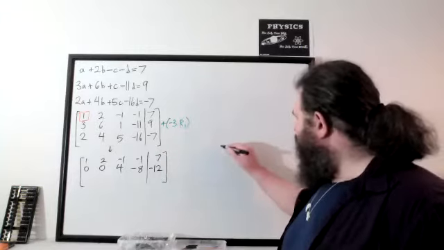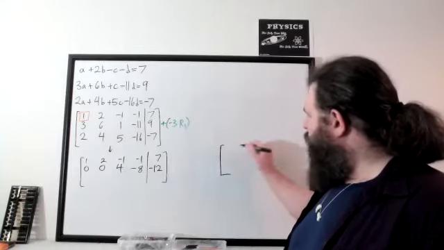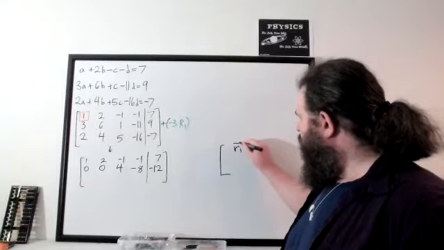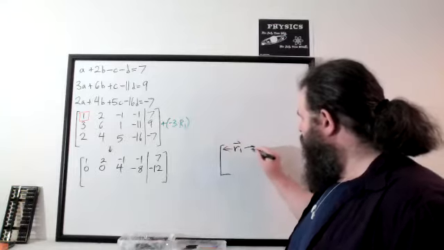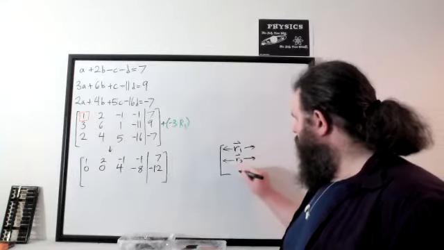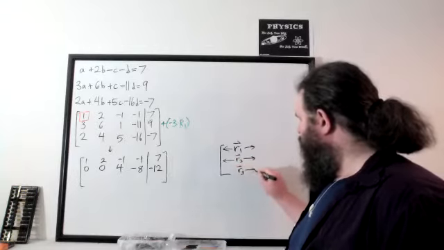The idea is we've got this matrix, and I'm just going to write the rows as variables. Let's say we call these R1 as a row vector, R2 as a row vector, and R3 as a row vector.